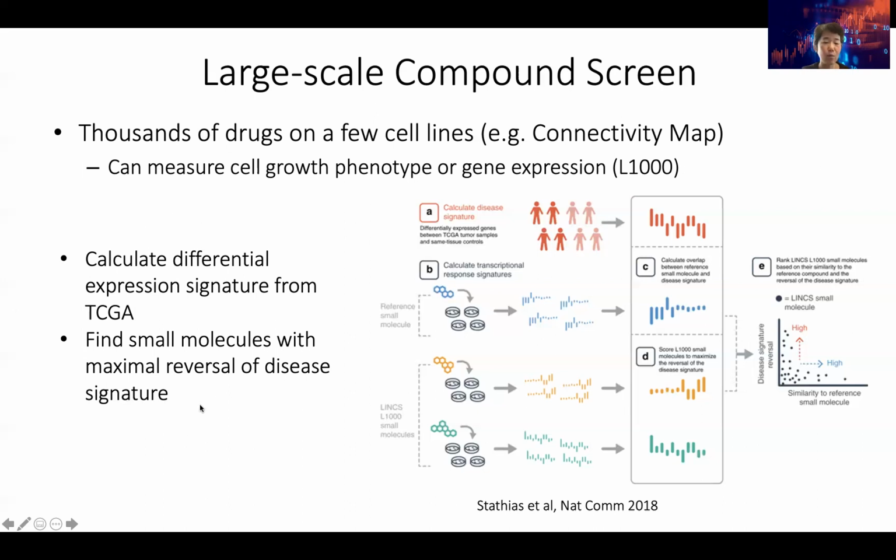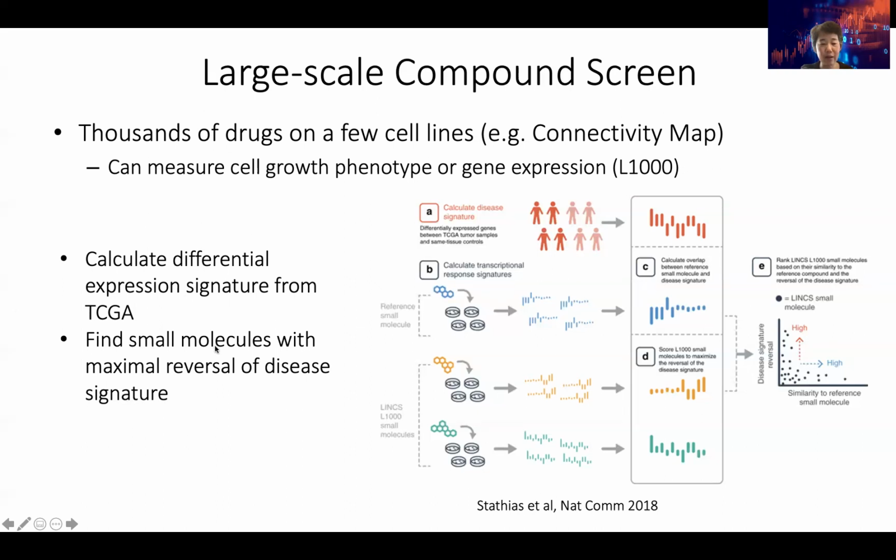And they ask what specific small molecule can treat, when you treat the cancer cell with this drug, the downregulated genes are the upregulated genes in this cancer type.